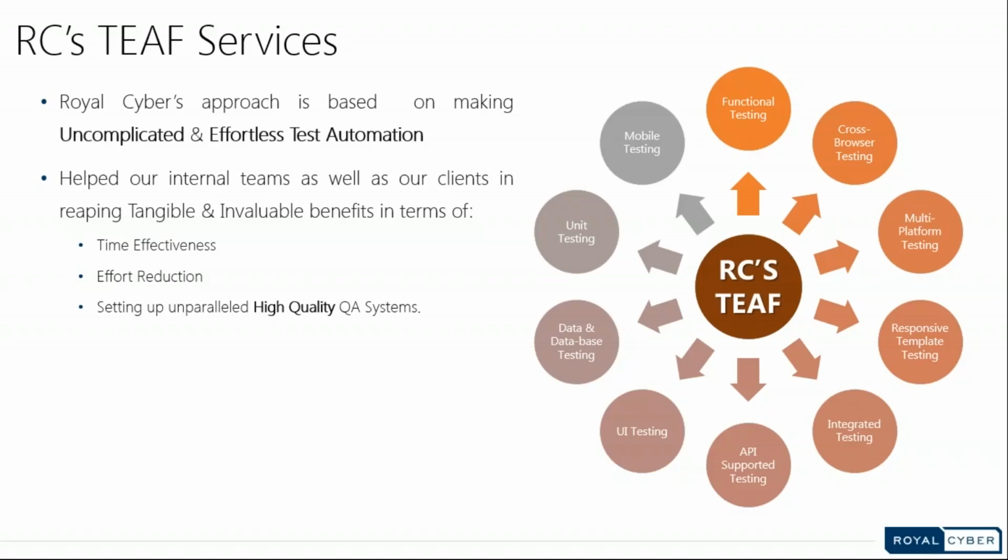Using TIF, we can achieve effortless and uncomplicated test automation. By using this framework, your test automation is going to be very smooth. That's all I can say. You can also use time effectively and get cost reduction, which will be part of this test automation framework.